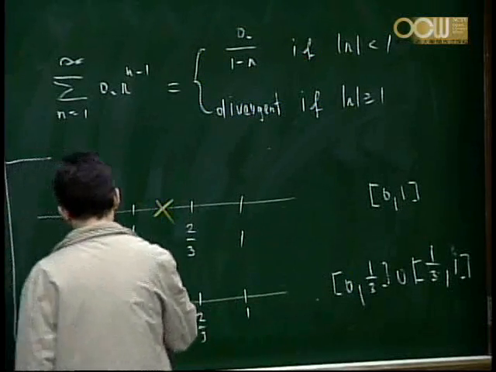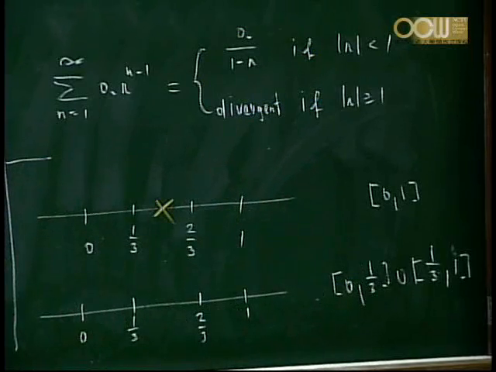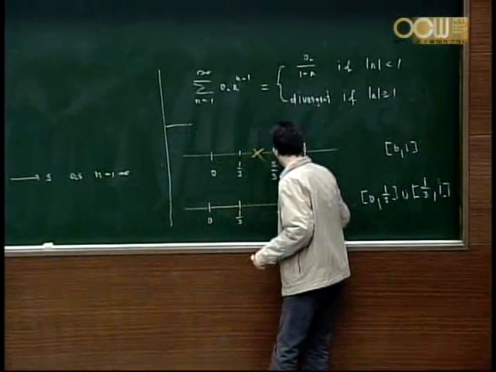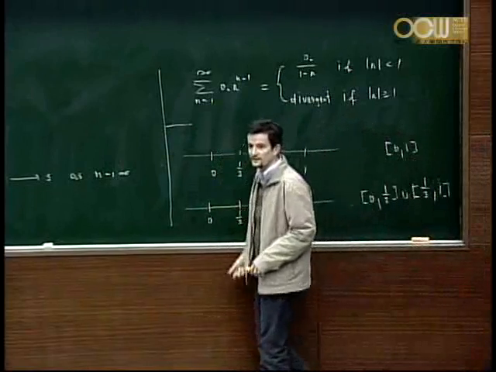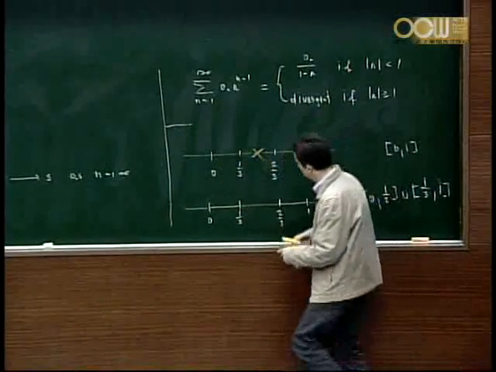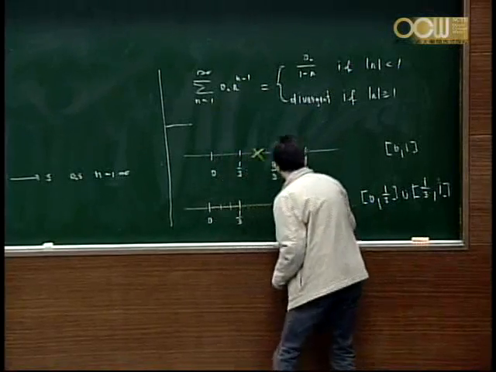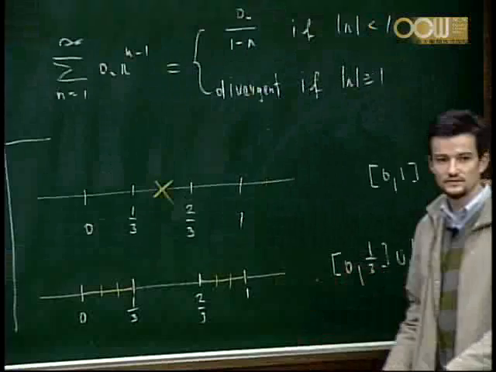If I use orange to denote the set, the set looks like this here and this here. Now we look at both of them and remove the middle again. We again divide this interval into 3 pieces, and this interval into 3 pieces, and we remove the middle. And we go on like this.